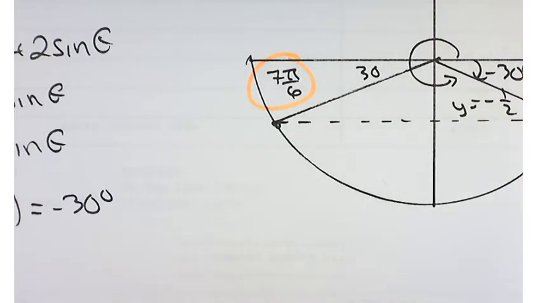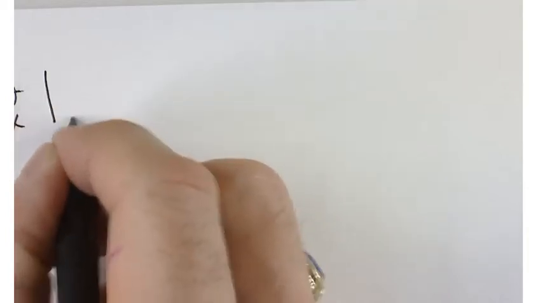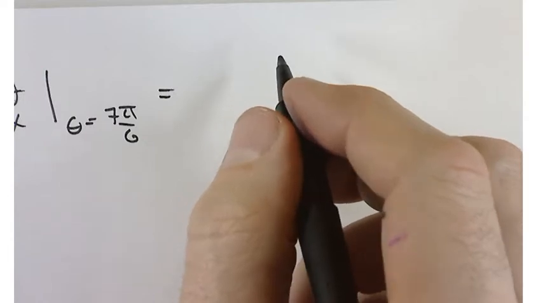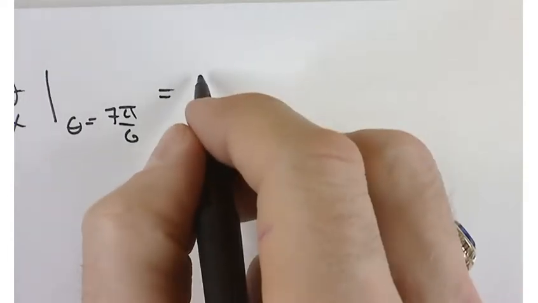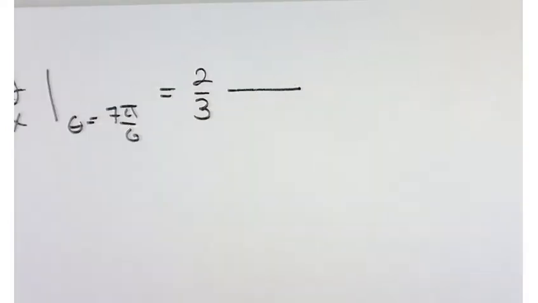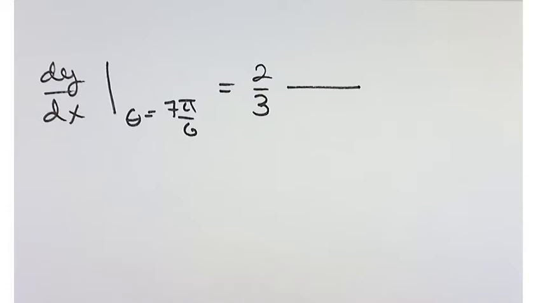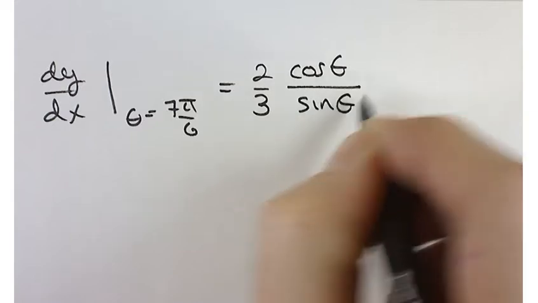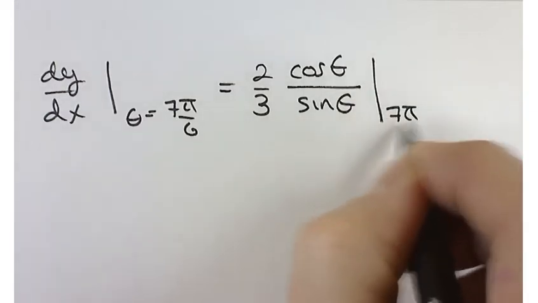Okay, so let's plug in 7 pi over 6 into our derivative. So dy/dx at theta equals 7 pi over 6. That's going to be 2/3 times, now let me go back to writing it as cosine of theta over sine of theta, at 7 pi over 6.